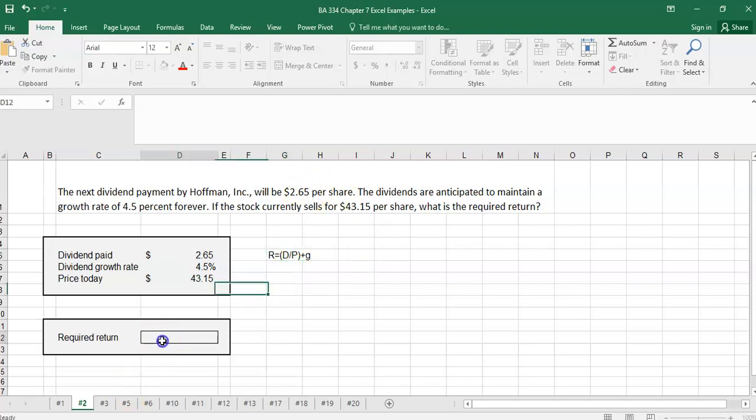So we have here then the required rate of return is our dividend paid of $2.65 divided by today's price plus our dividend growth rate of 4.5%. So we have a required rate of return of 10.64%.